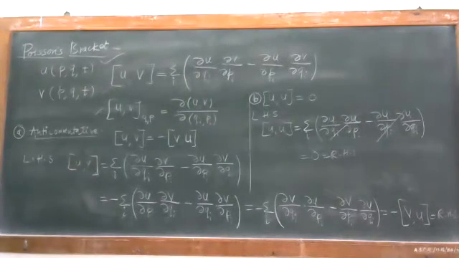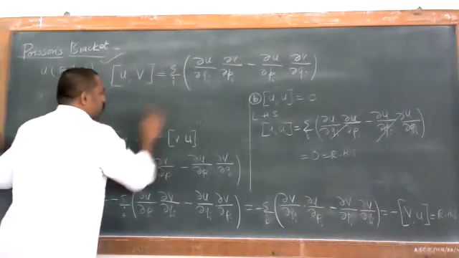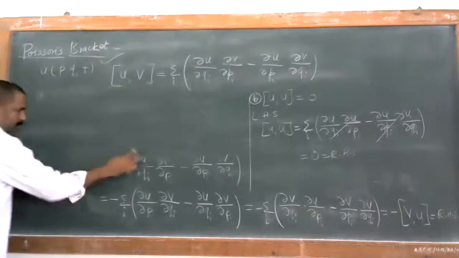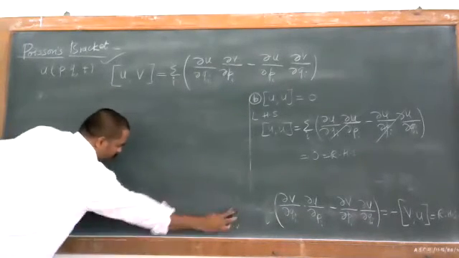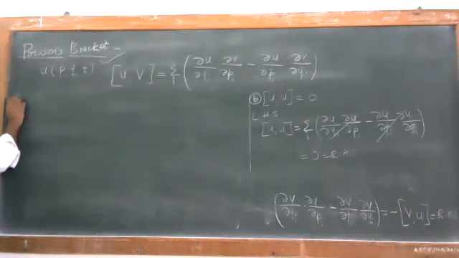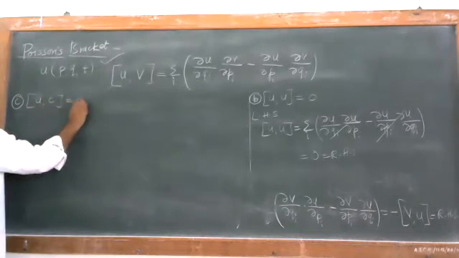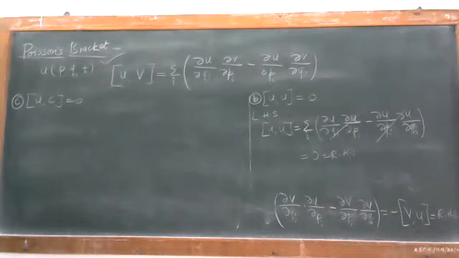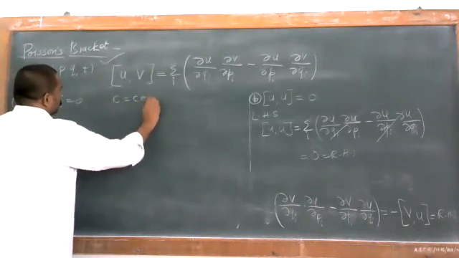Now we have one more, the third one. The condition is like this: the Poisson bracket of U, C is equal to 0, where C is constant.